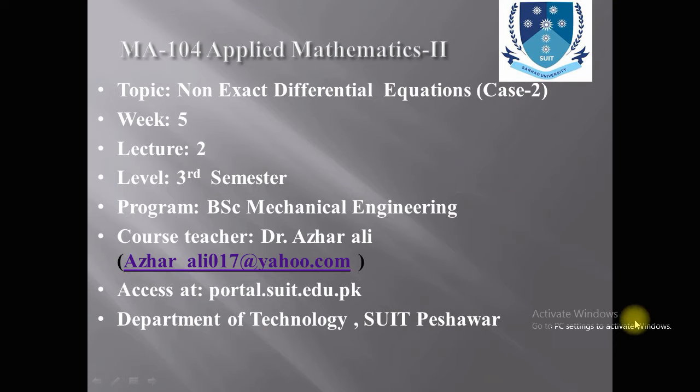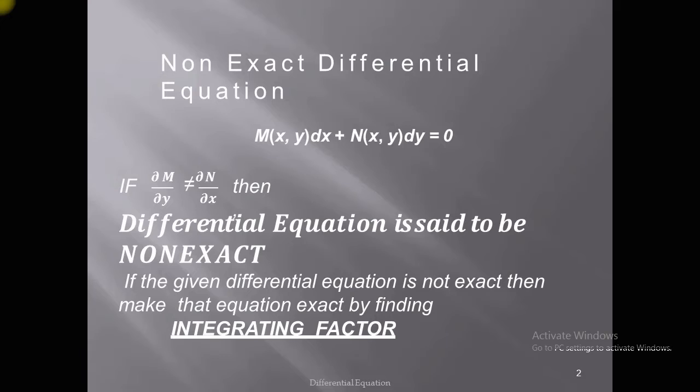Now dear students, I would like to repeat the procedure and the definition of a non-exact differential equation. Suppose we have a first order differential equation. This first order differential equation will be non-exact if partial M by partial y does not equal partial N by partial x.